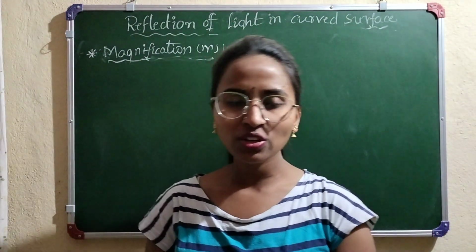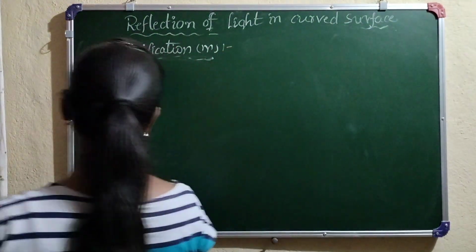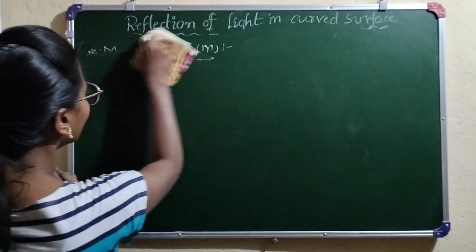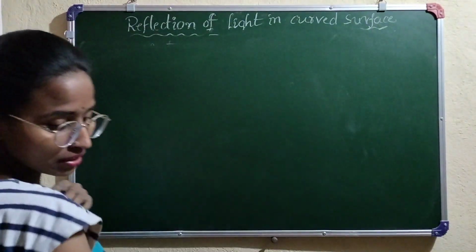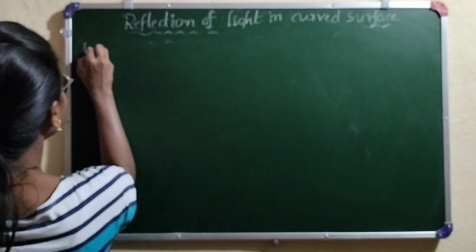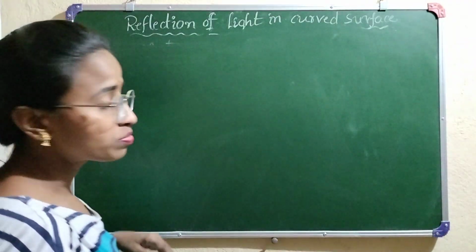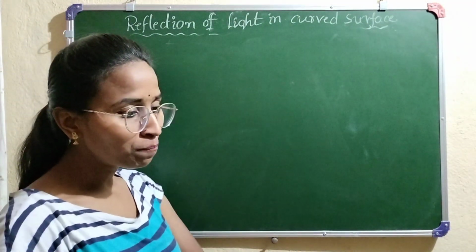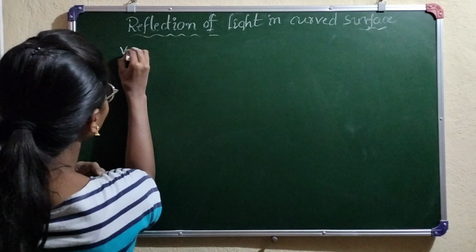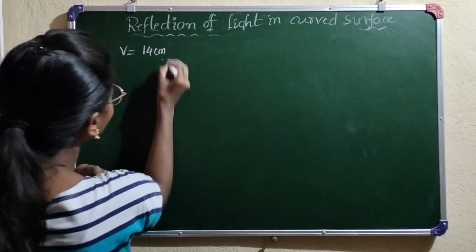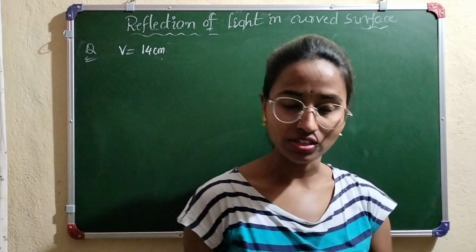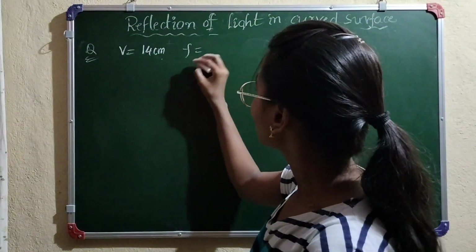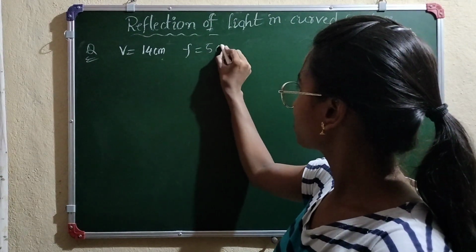So let me tell you one problem, the last problem. Here the image is forming at 14 centimeters distance, for a focal length of 5 centimeters.